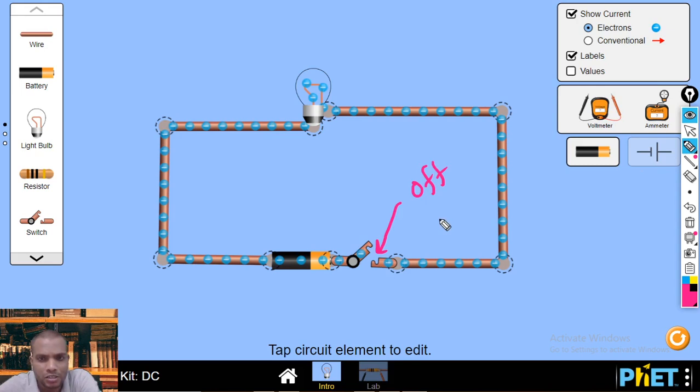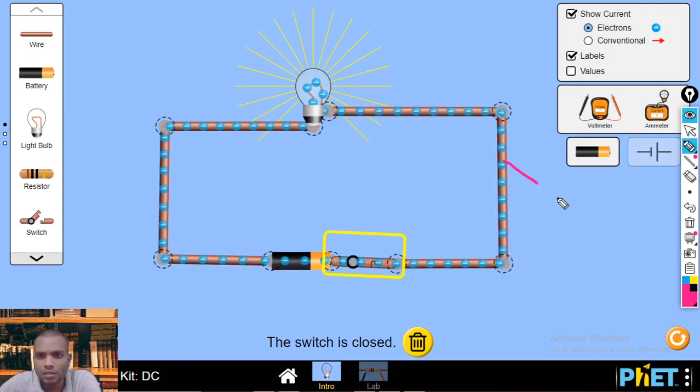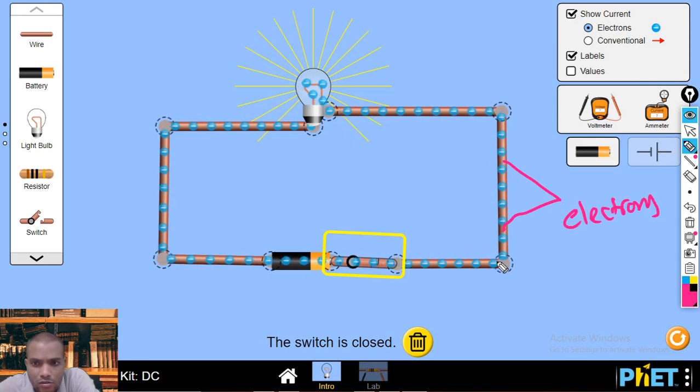Now you can see something is moving. These moving things are nothing but electrons. So electrons are moving in this closed circuit, all the way. When the switch is connected, that causes electrons to move.